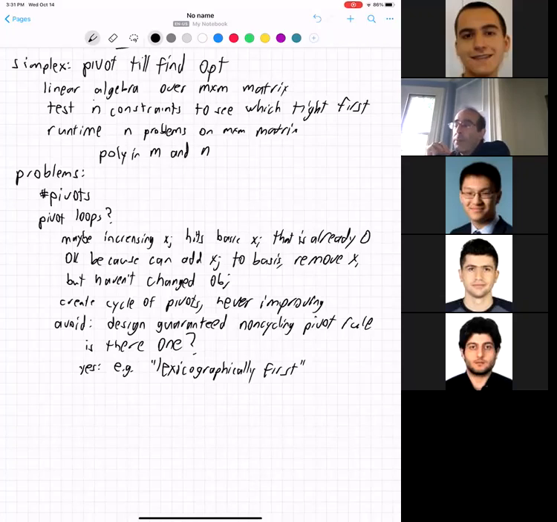That is correct. But the point of the lexicographic pivoting rule is that even if there's no improvement in the objective, as long as you pivot according to the lexicographically first rule, you'll never get the same basis more than once. Okay? So you never visit the same basis more than once.